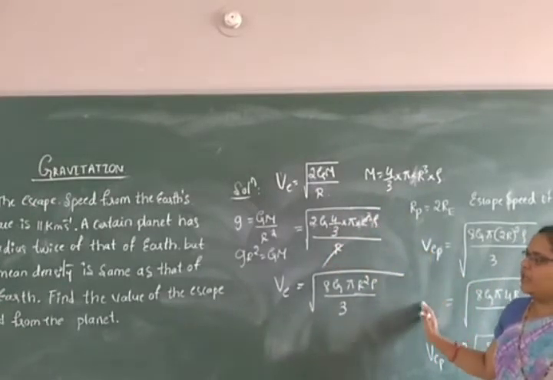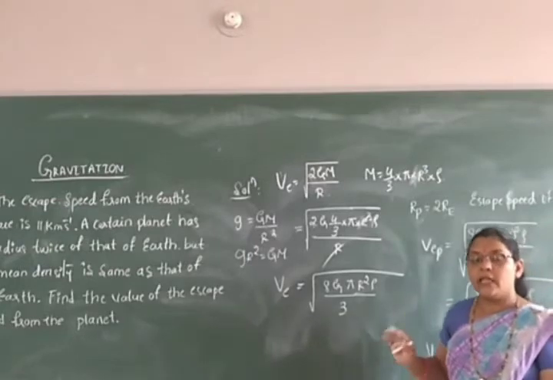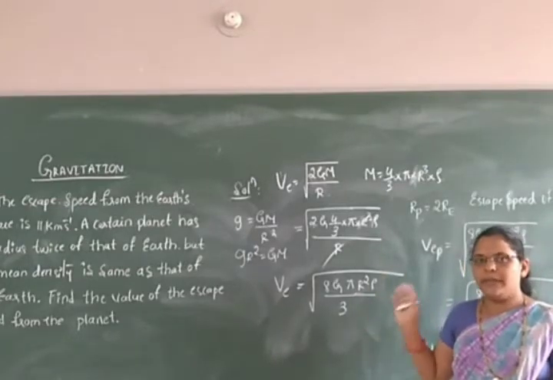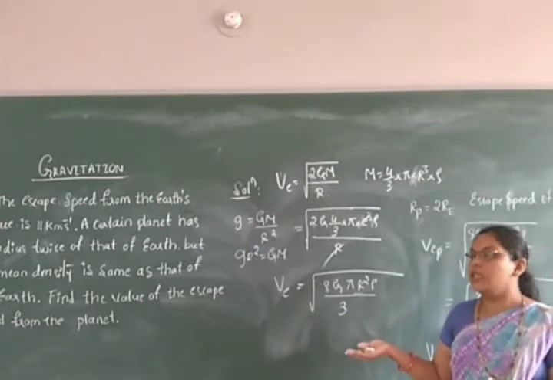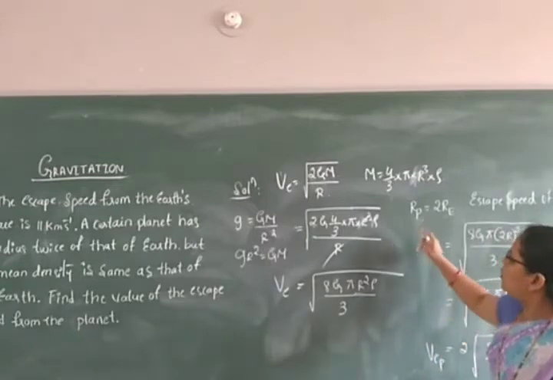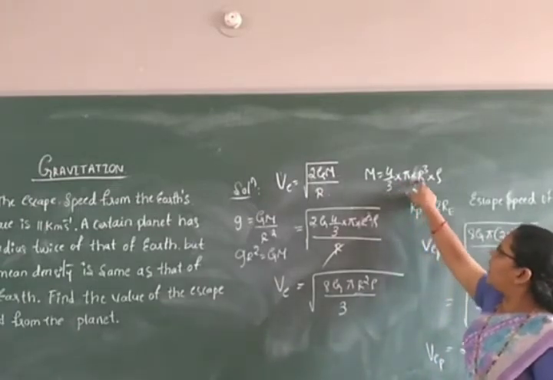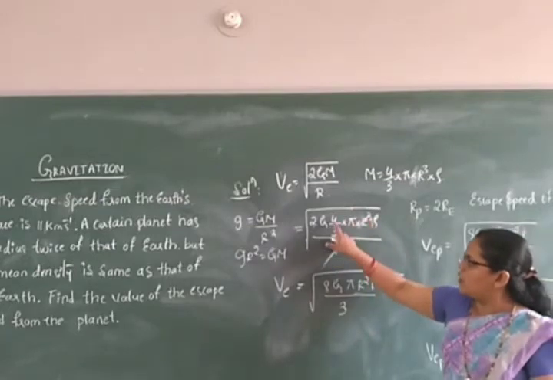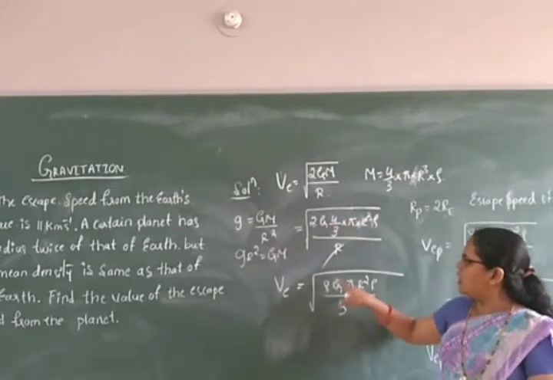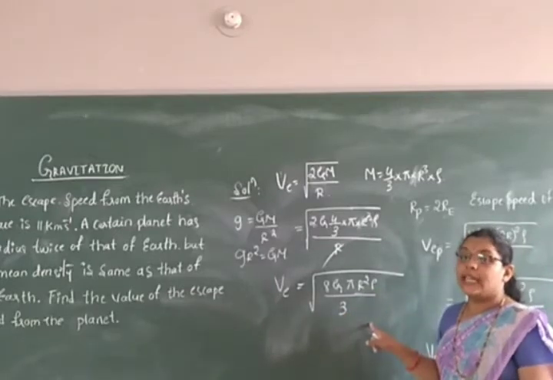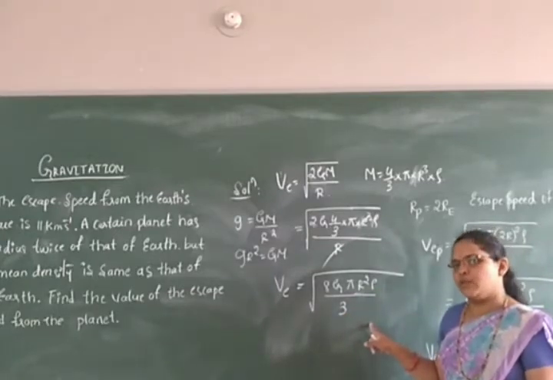We are going to find the escape speed of the planet, which has the same density as the earth, but the radius is twice that of the earth. Now place 4 by 3 pi r cube rho here. So r and r will get cancelled. Remains 4 into 2, 8G pi r square rho by 3. So this is the escape speed of an object from the surface of the planet.